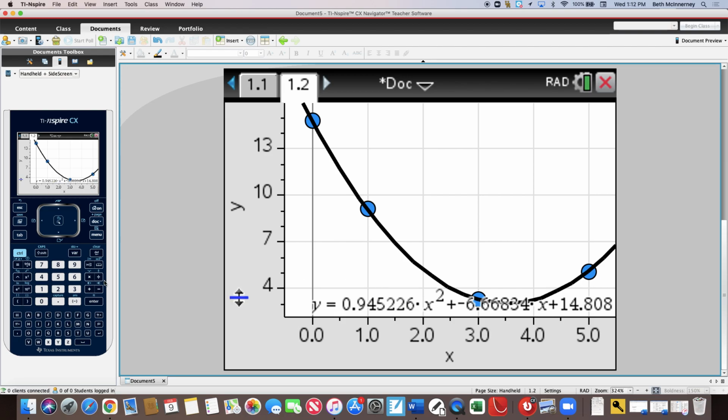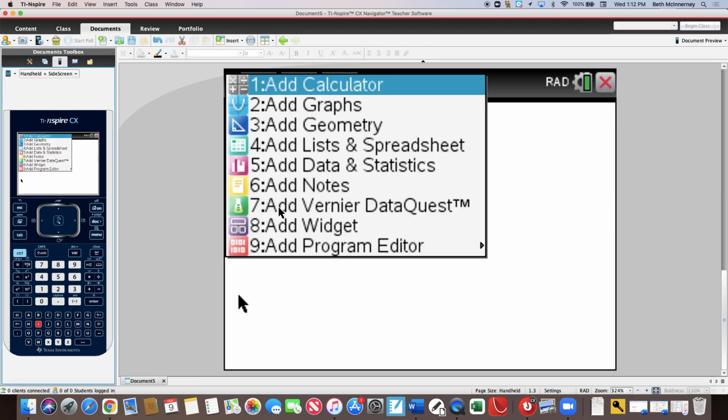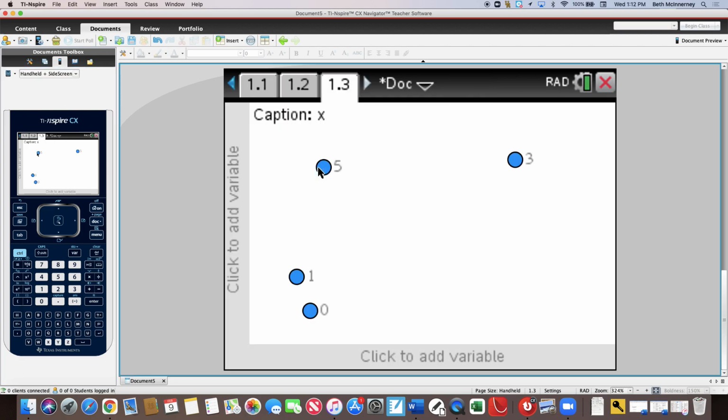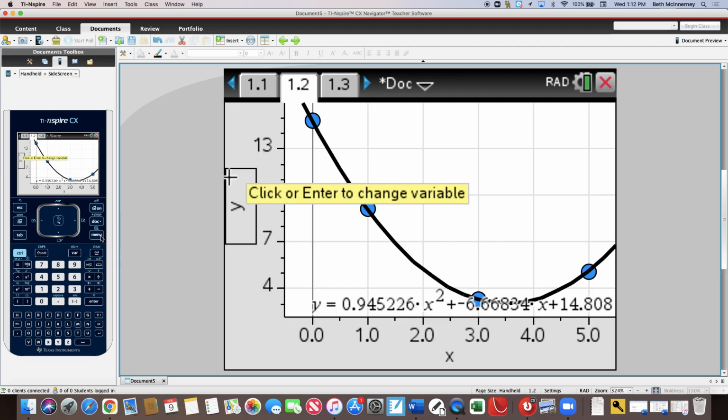And then I want to see, so I'm going to do Control I again. Nope, that wasn't what I wanted. Oh, I wanted the calculator screen. Sorry.